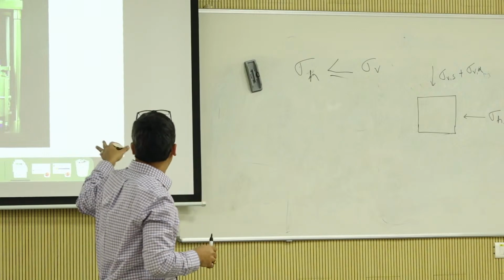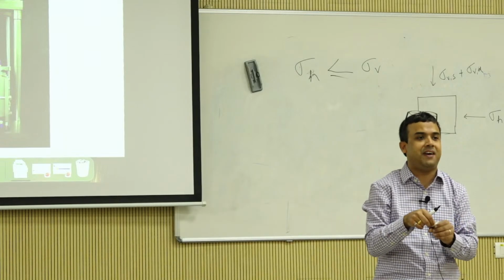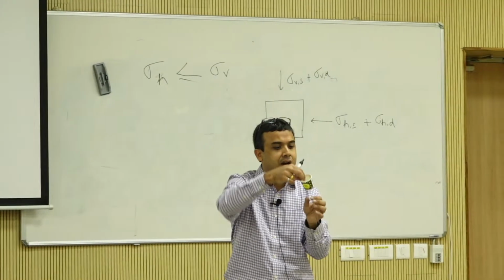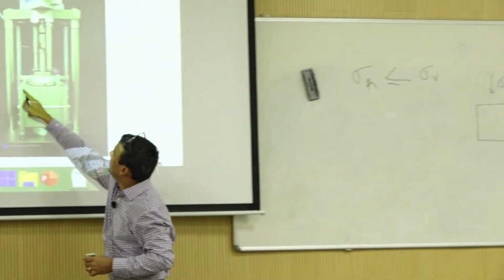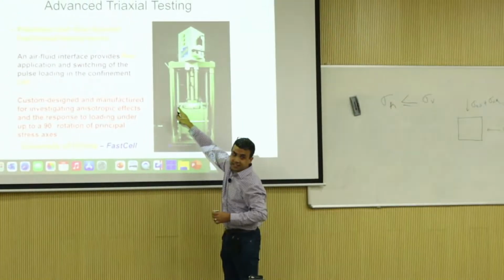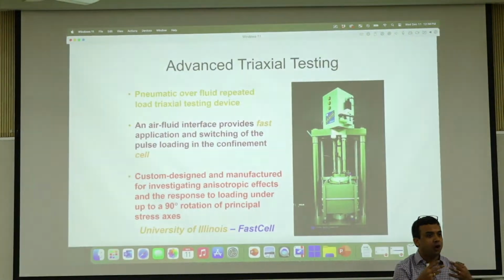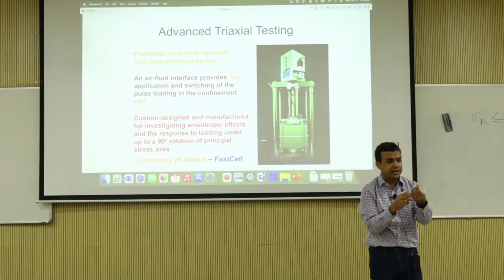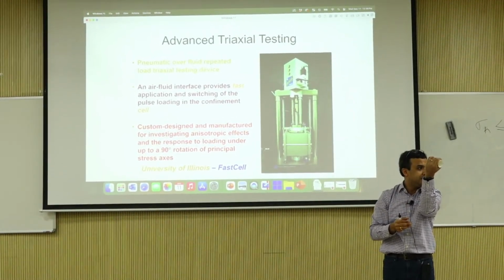So the test method we are going to get introduced to now is called the University of Illinois fast cell. That's basically the concept. This is a box. It's a cube. The cube is full of hydraulic oil, and inside that there is a membrane, and that membrane is basically creating the effect that my hand is just creating.